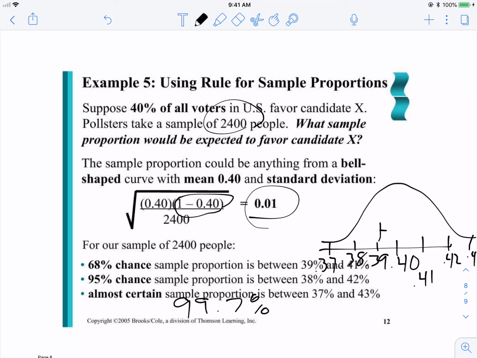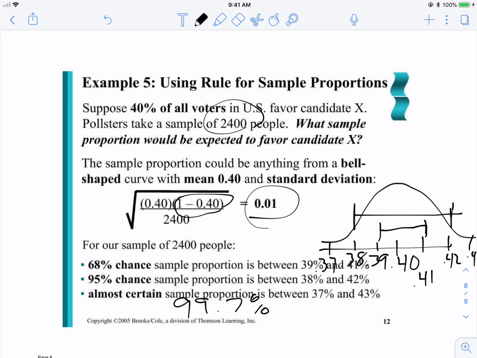There's a 95% chance it's within two standard deviations, 38% to 42%. And we're almost certain, 99.7% sure, that it's within three standard deviations, so 37% to 43%.